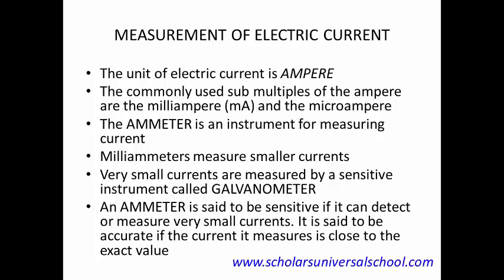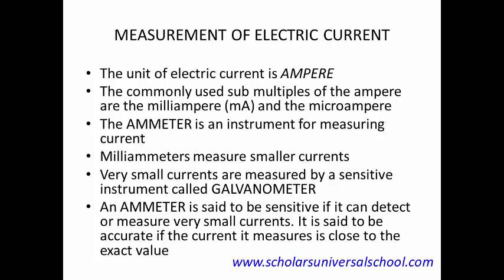Now, for current, we have an instrument that is used to measure the amount of current flowing in a circuit. And the instrument used for measuring the amount of current flowing in the circuit is the ammeter. In case we have smaller currents that the calibration of the ammeter cannot read, we also have some smaller measuring equipment that can measure that, and that is called milliammeter.